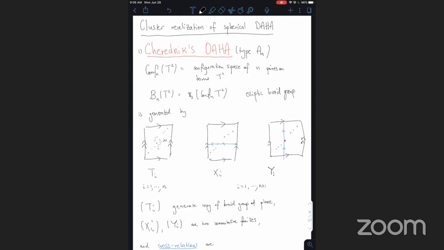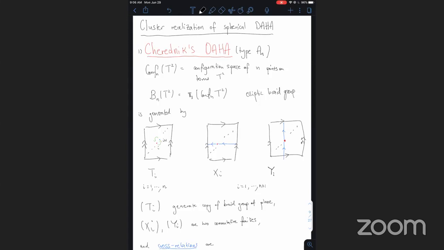And the basic algebraic topological setting is the following. We start out by thinking about the configuration space of n points on a two-dimensional torus. The fundamental group of this space, Conf T^2, is what's called the elliptic braid group. And it has generators, just as a group, of three kinds.